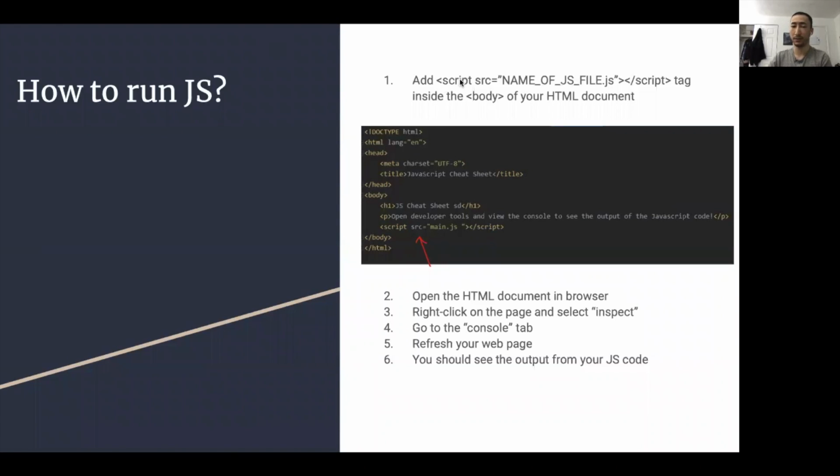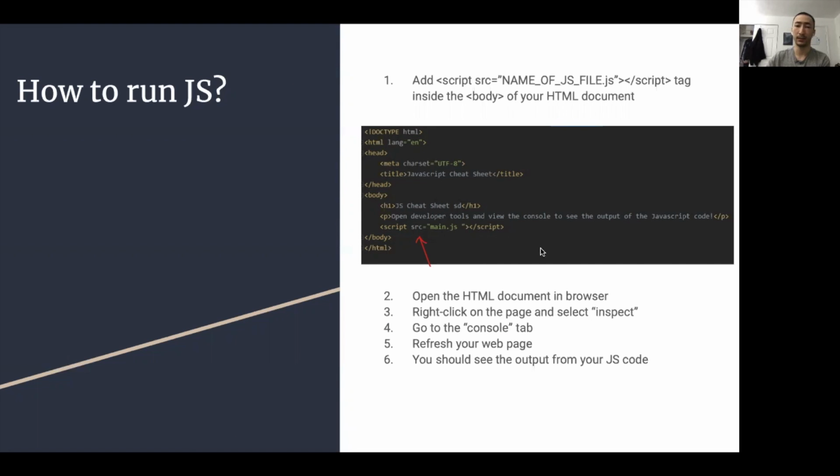You can create a script tag inside the body of your HTML document, and then type in the path to the file in the source attribute. Then you can open up your HTML document in your browser, open up your developer tools, and refresh your web page, and you should see the output of your JavaScript code.